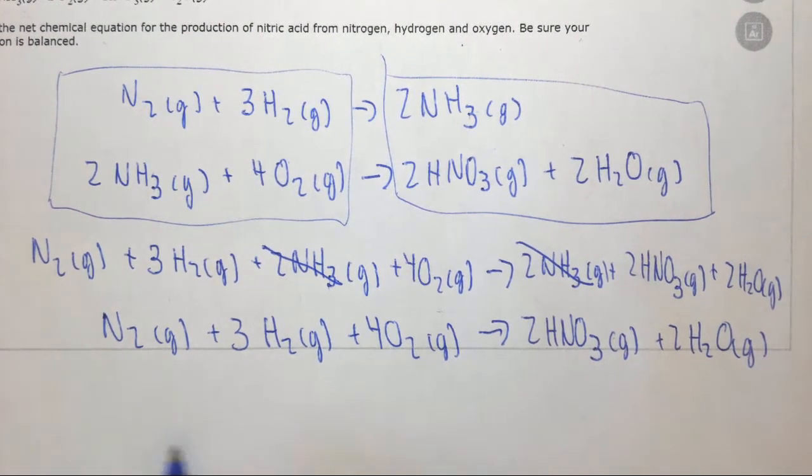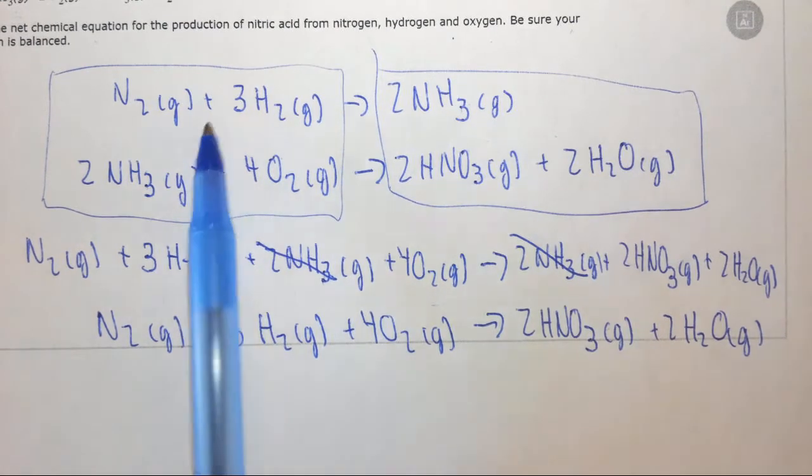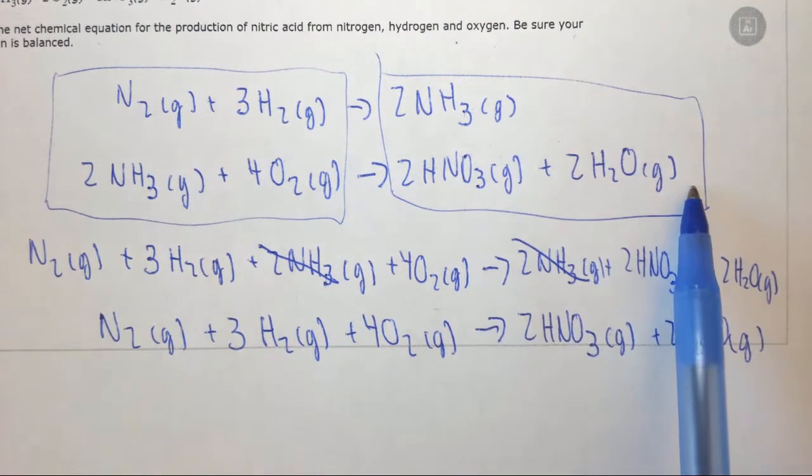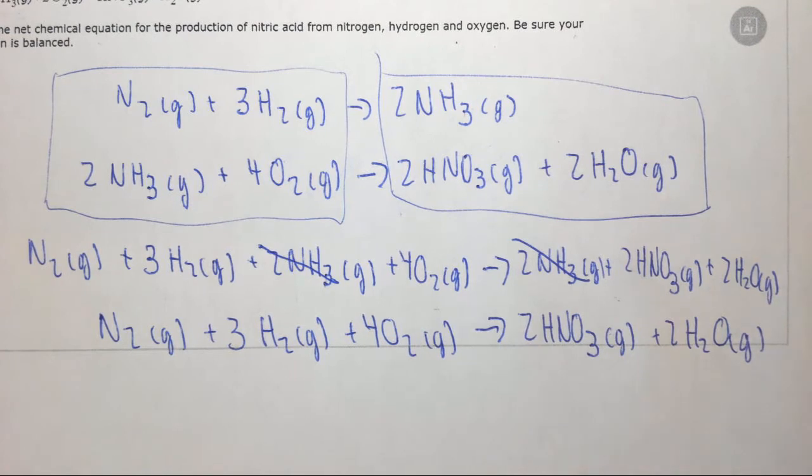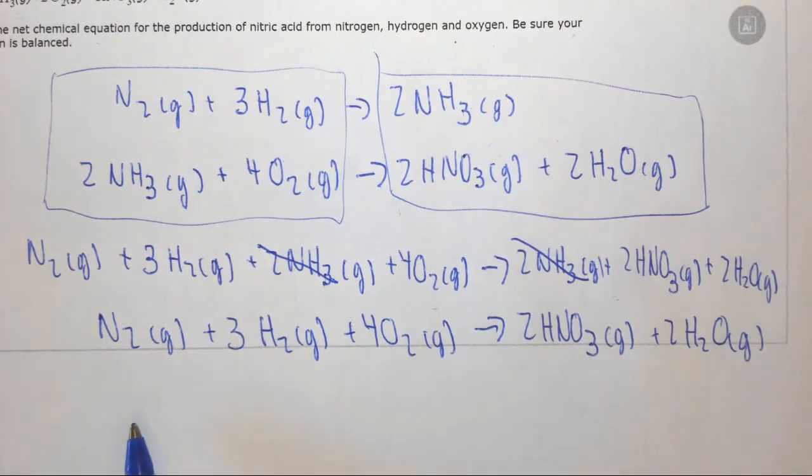Now I should double check that this is balanced, but it's going to be balanced because this equation is balanced and this equation is balanced. So when I add them together, it can't possibly be not balanced. But let's just make sure. So first we have N2. If we have 2 nitric acids, each nitric acid contains 1 nitrogen, so we have 2 nitrogens on both sides. Let's check hydrogen.